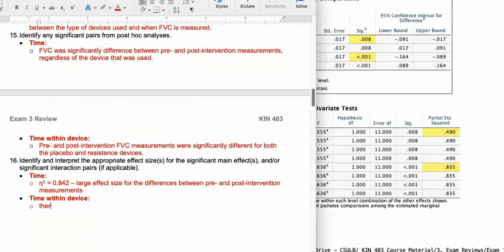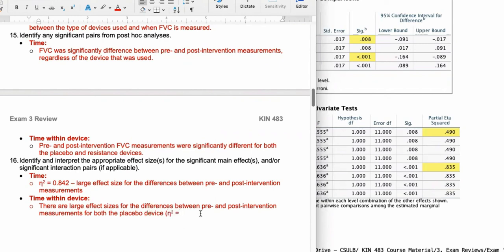I could put there are large effect sizes for the differences between pre and post measurements for both the placebo device and resistance device.